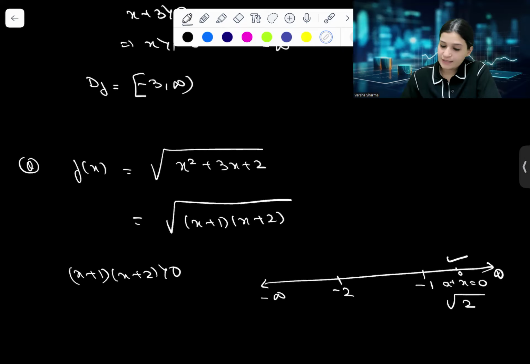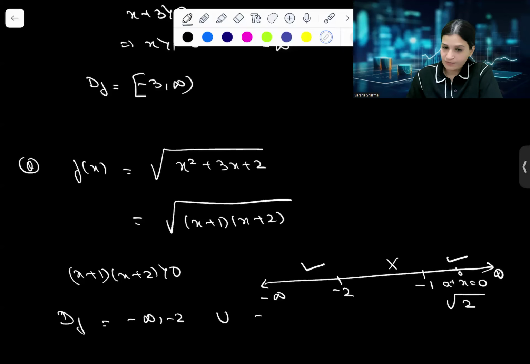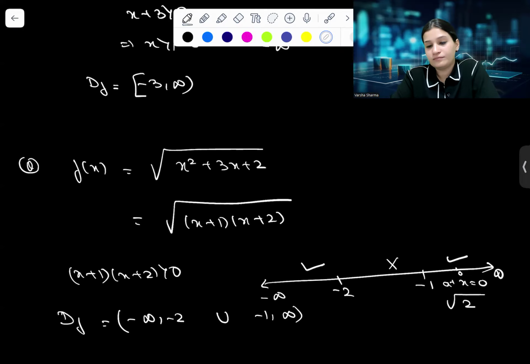Allowed. So yes, no, yes. Clear? So domain is minus infinity to minus 2 union minus 1 to plus infinity. Infinity gets a round bracket.